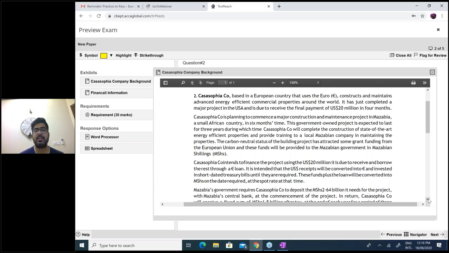So Casa Sofia is based in a European country and uses euro. That's very important: where are you based? What is your currency, to decide the code?